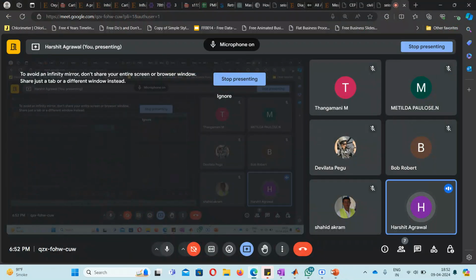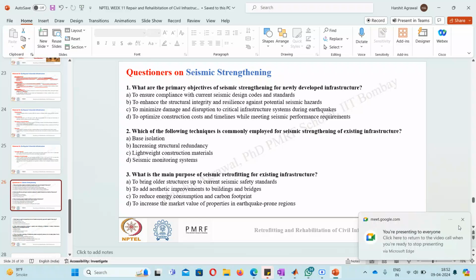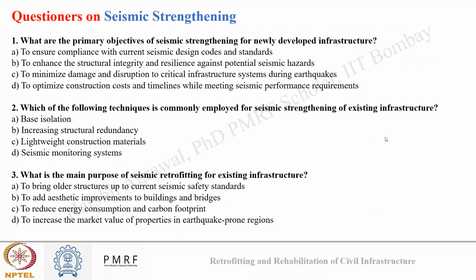Okay, so let's see the solution to these questions now. The first question asks us what is the primary objective of seismic strengthening for newly developed infrastructure. So in the discussion we saw different measures that need to be taken for newly developed infrastructure to make it safe from seismic events. However, the primary objective is to ensure compliance with current seismic design codes and standards.